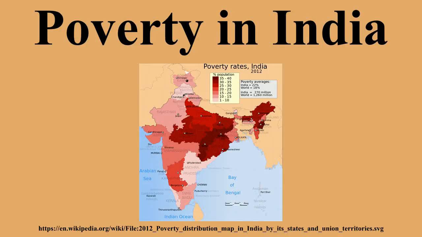According to the United Nations Millennium Development Goal Program, 270 million or 21.9% of people out of 1.2 billion Indians lived below the poverty line of $1.25 in 2011-2012. Poverty in India is a historical reality.